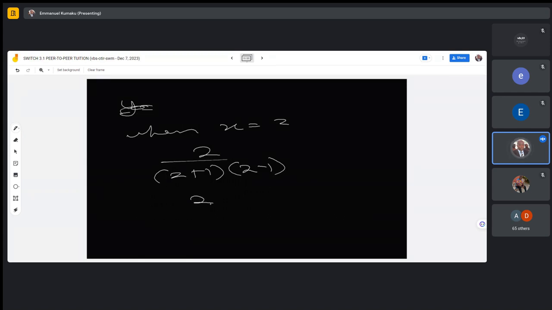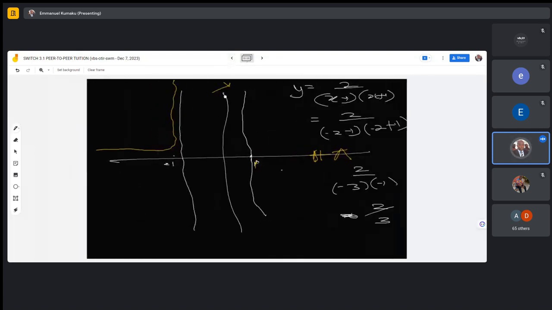Then we are going to have 2 over 3 times 1, which is 2 over 3. And 2 over 3 is still on top of the s-axis. So it will be here.